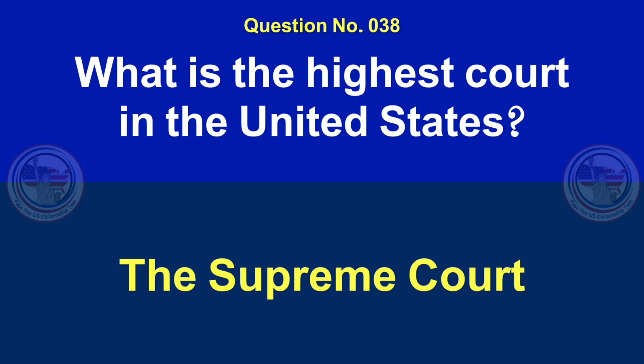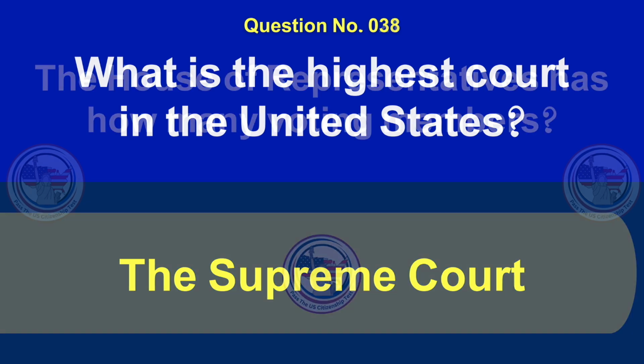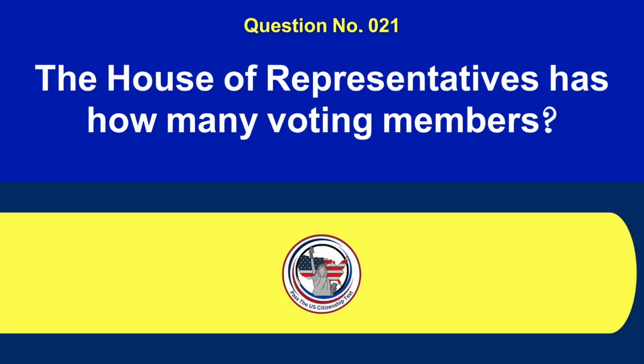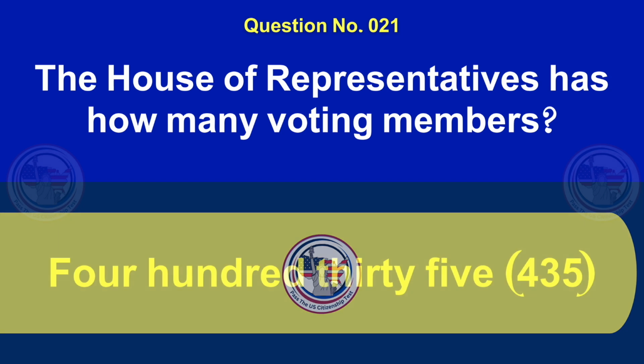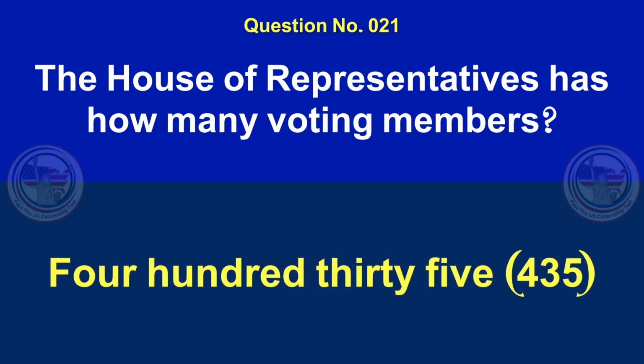The Supreme Court. The House of Representatives has how many voting members? 435.